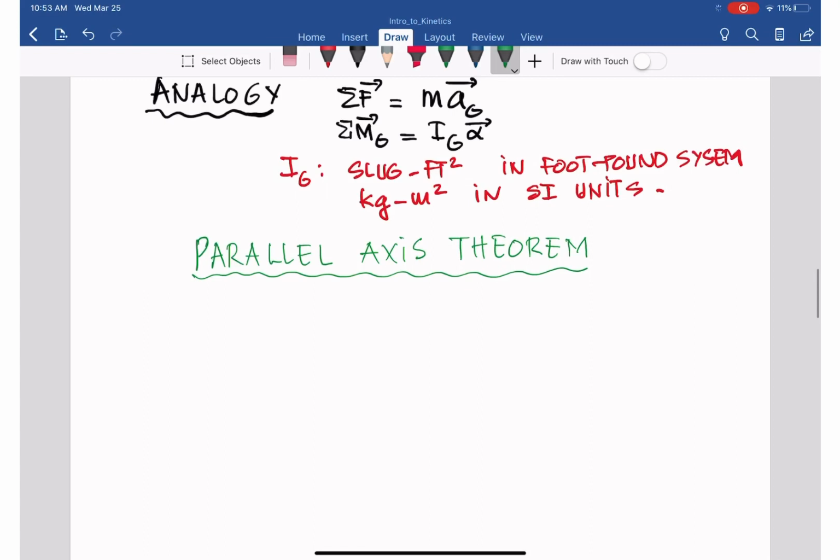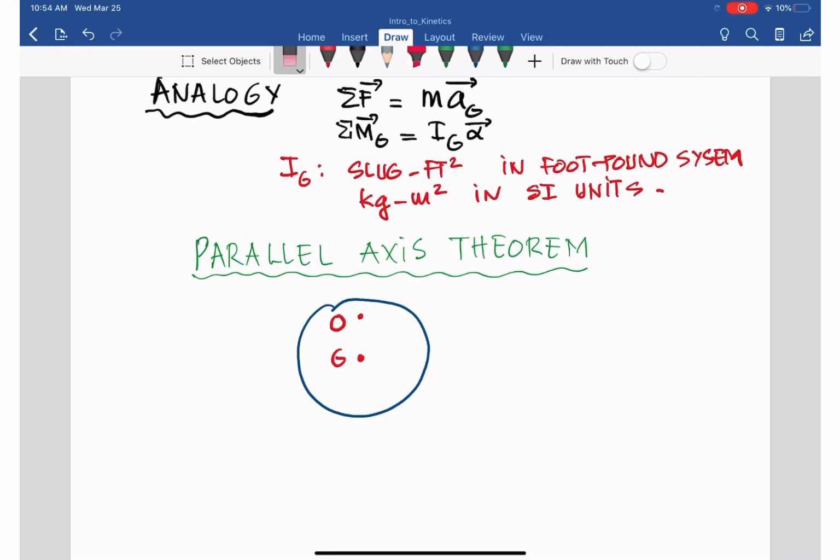So if I talk about one body, to make it simple, a circle, a rigid body, the center of mass is at point G that you have there, and then any other random point, let's call that point O, different from point G. As you can see, if the body rotates about the axis perpendicular to our video going through G, we use IG, the mass moment of inertia through G. But if we talk about rotation about the axis perpendicular to our screen going through O, then we have to talk about the mass moment of inertia about the axis perpendicular to the video going through O. So what is the relationship?